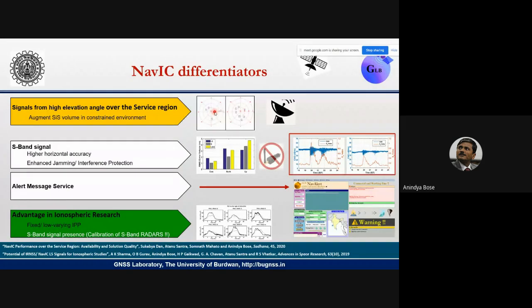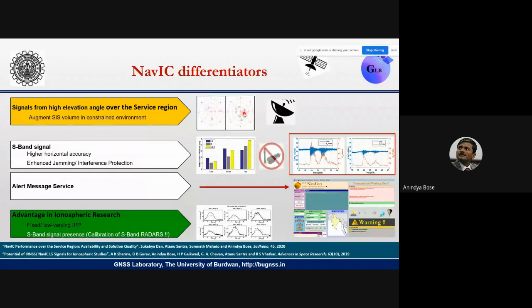Now take the case: above 60-degree elevation angle, there is no satellite, and below 30 degrees, all the satellite signals are blocked because you are, say, in a narrow road or inside a forest. So what will happen? We have only a handful of satellites, maybe fewer than 4, and we will not be able to navigate or use GNSS. But because NavIC is at a very high altitude in GEO or GSO, its presence will always be around 50 to 55 degrees from India.